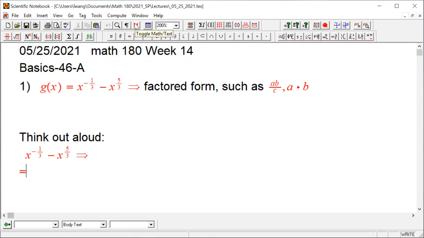So what I see is that I will rewrite this as x raised to the power of a third, and then I will multiply the exponent. And the other expression, I write it as the same base, so that's raised to the power of 5. That's one way to see it.